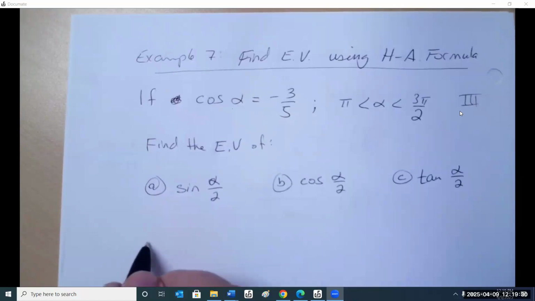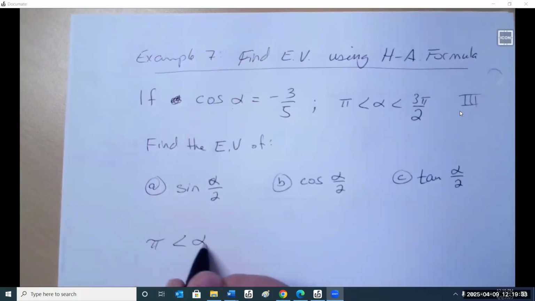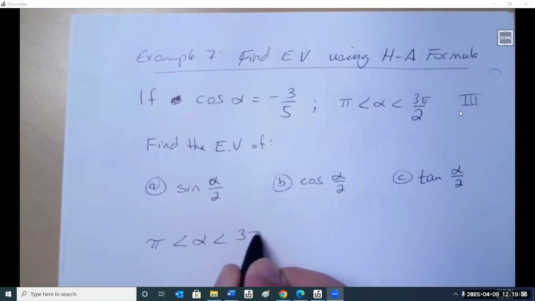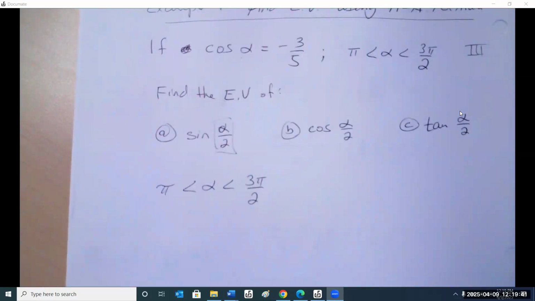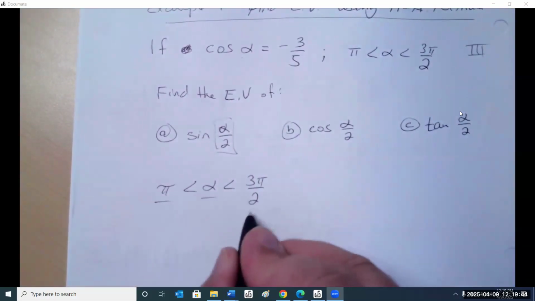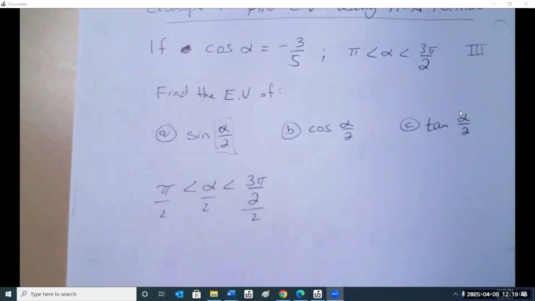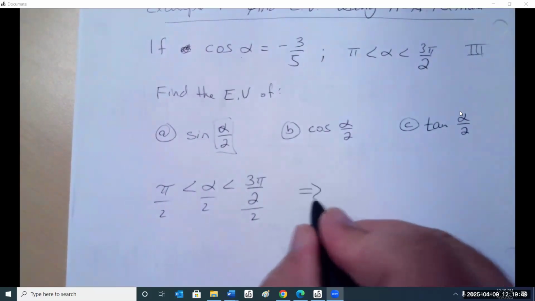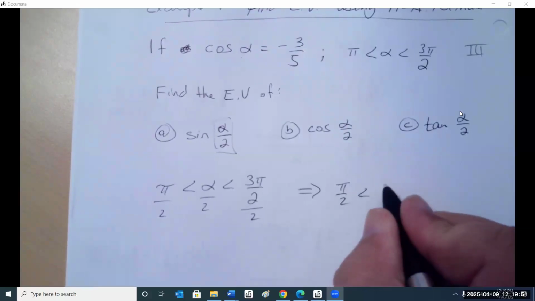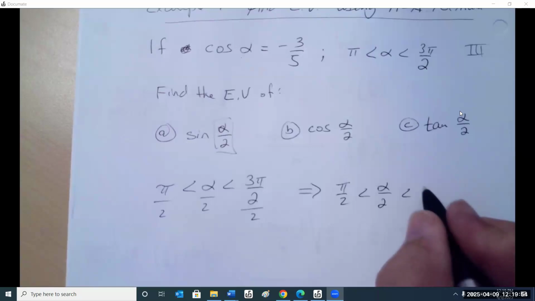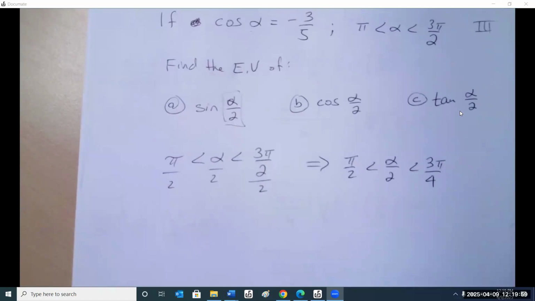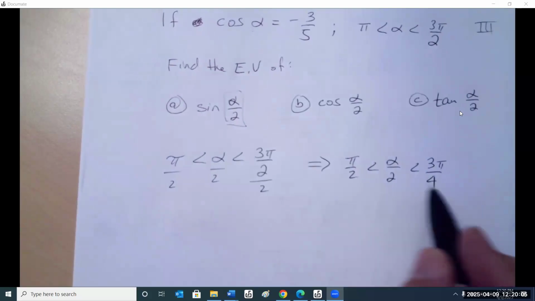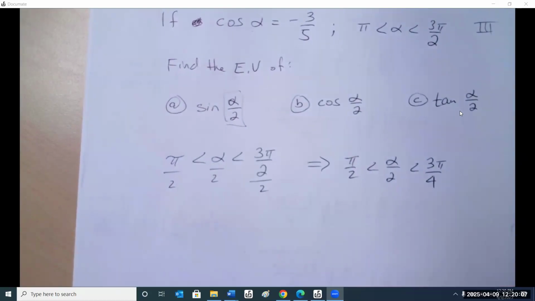One thing you have to be careful about is, remember, we're looking at this domain. We want alpha over 2, right? So we have to divide each of these by 2. So this falls in which domain?